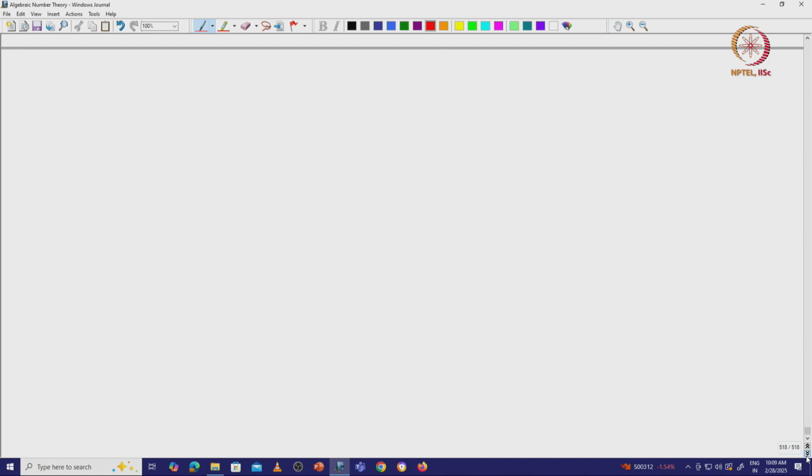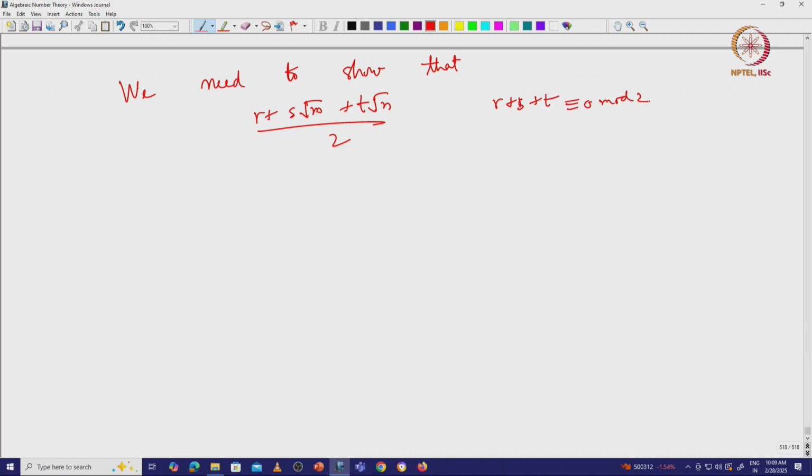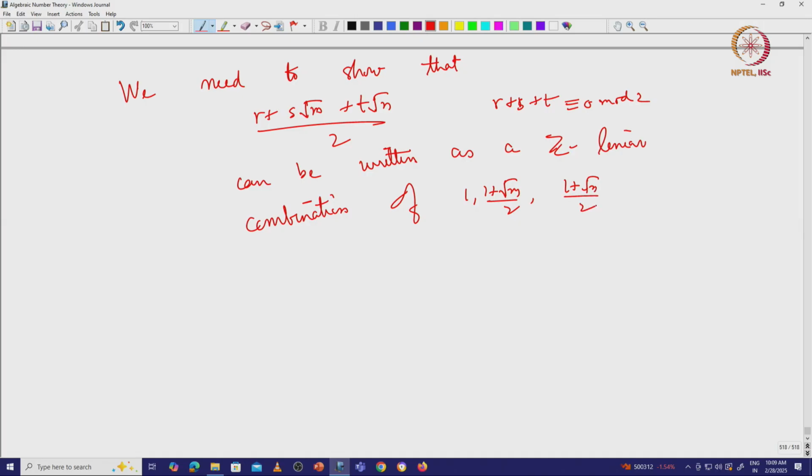So, we need to show that r plus s square root of m plus t square root of n by 2, with r plus s plus t congruent to 0 mod 2, can be written as a Z linear combination of 1 and 1 plus square root of m by 2 and 1 plus square root of n by 2.